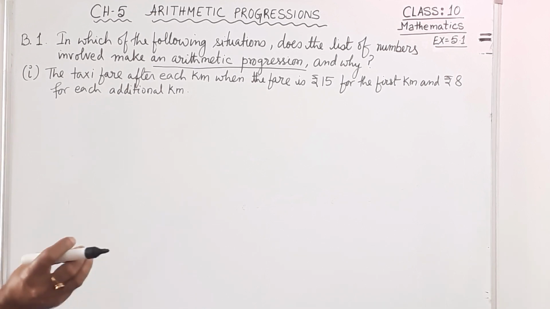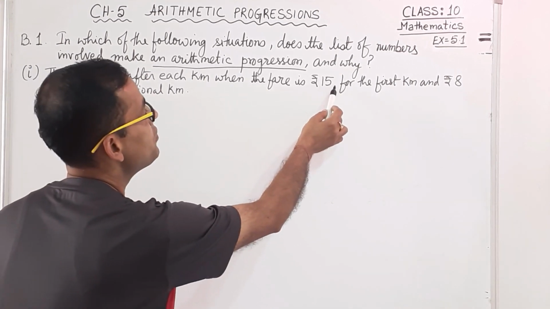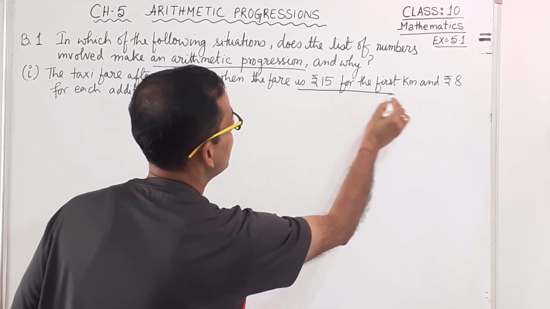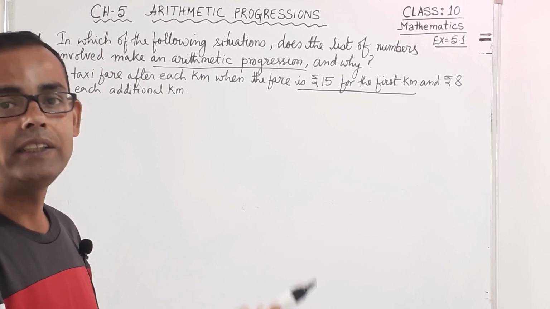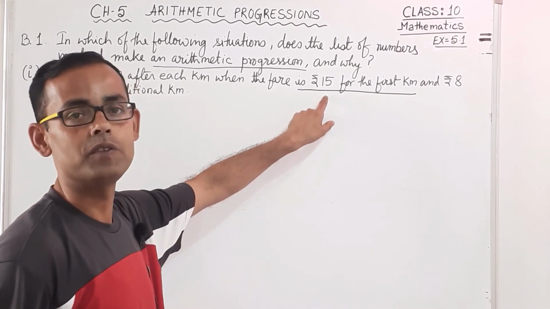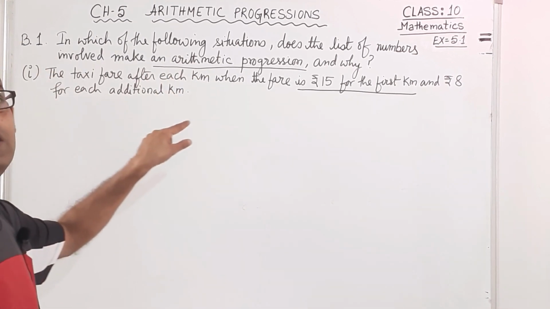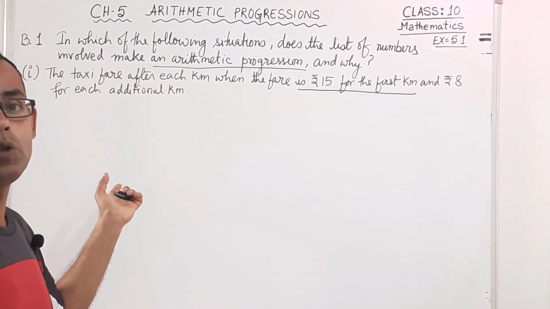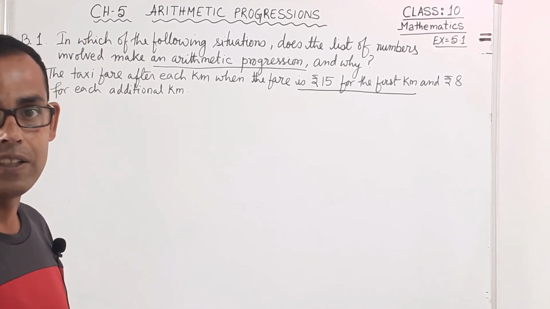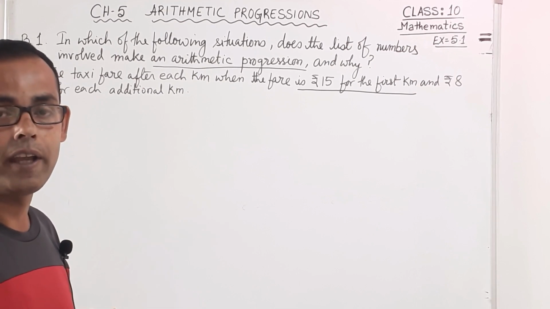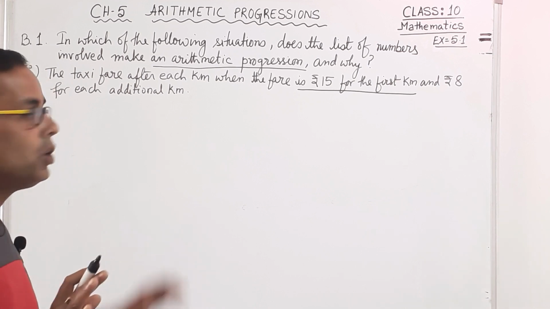If you sit in the taxi and go 1 kilometer, you have to pay rupees 15, understanding or no? And rupees 8 for each additional kilometer. That means if you want to go 2 kilometers, then with rupees 15 you have to pay again rupees 8, because 1 kilometer extra you are going. First 1 kilometer it is rupees 15. So this is the question.